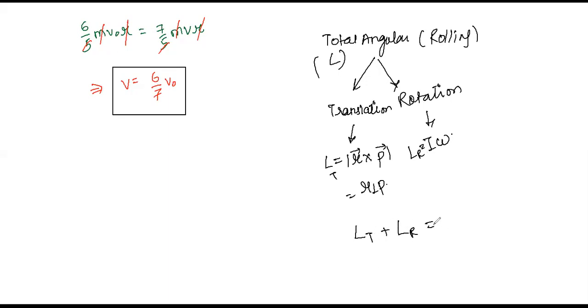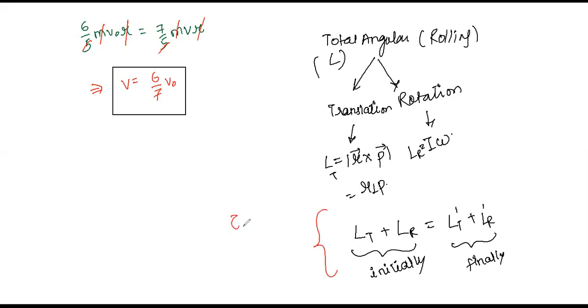That is, L T plus L R initially is equal to L T plus L R finally. This is called the conservation of angular momentum. When does it hold true?